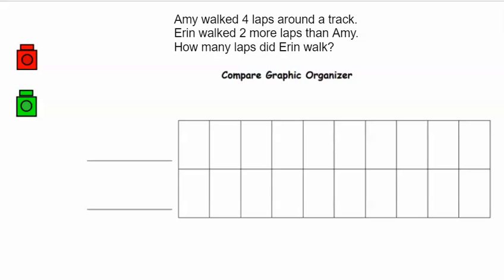And let's say that this one is going to represent the laps that Amy walked. Now, let's say that this one is going to represent the laps that Aaron walked.